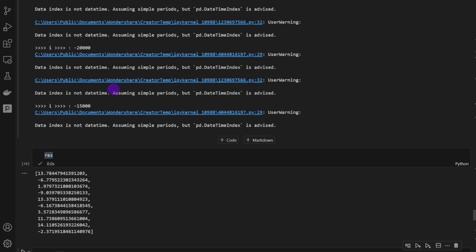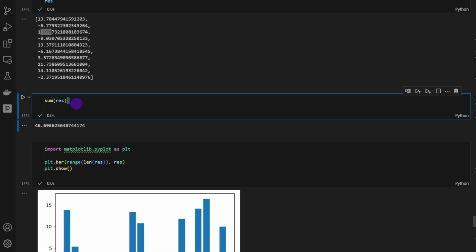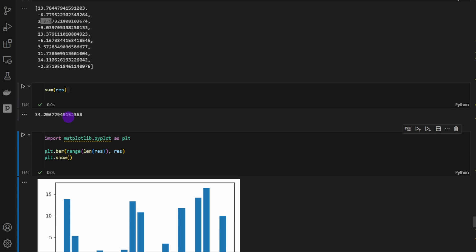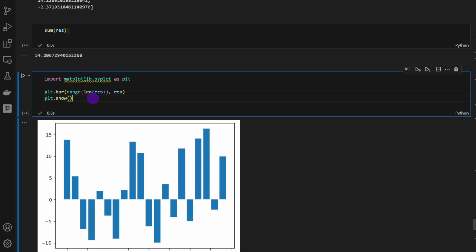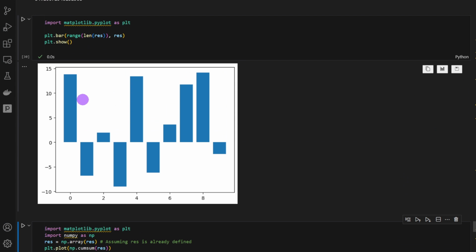Okay, so now we have our results. We have 30%, 13%, minus 6.7%, 1.9%, and so on. We can check the sum. We have 34%, and we can show the returns for each of these slices of periods.